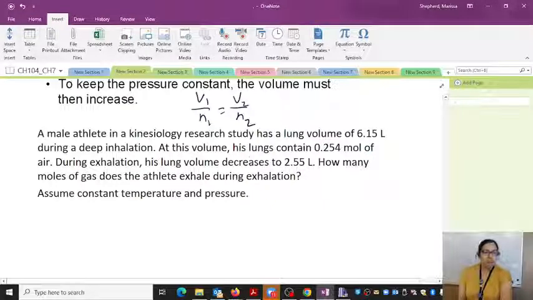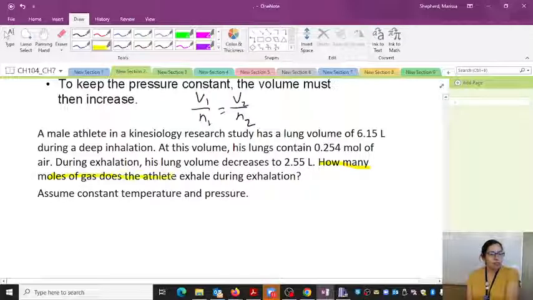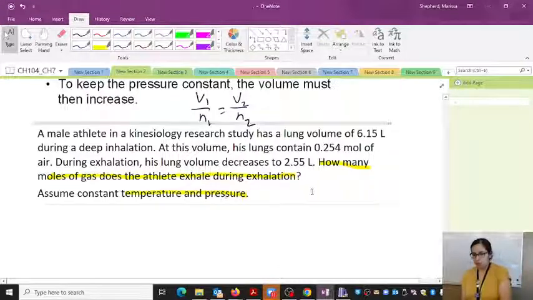At this volume, his lung contains 0.254 moles of air. During exhalation, his lung volume decreases to 2.55 liters. Watch what the question is asking: how many moles of gas does the athlete exhale during exhalation? We're assuming constant temperature and pressure.